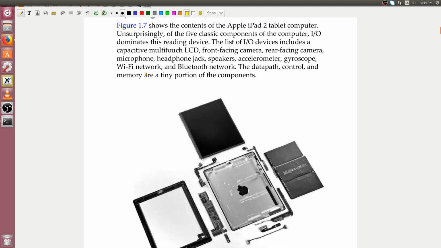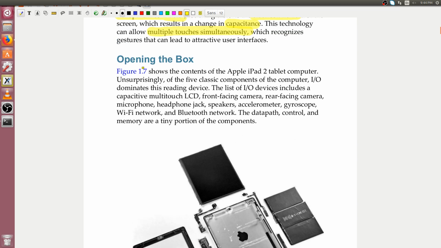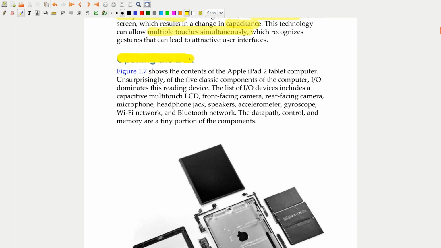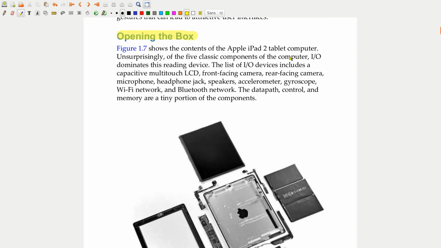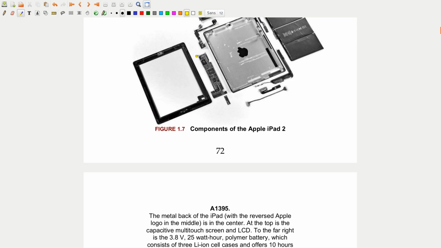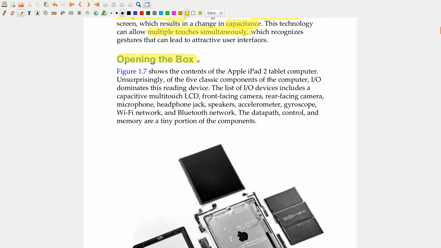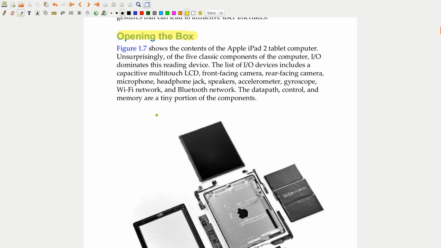Opening the box. Figure 1.7 shows the contents of an iPad 2 with the five classical components. I/O dominates this reading device, of course, because we have a giant screen, and it has speakers, and both of those are input-output.